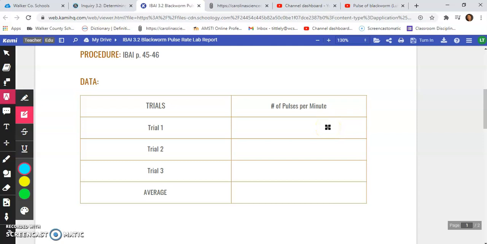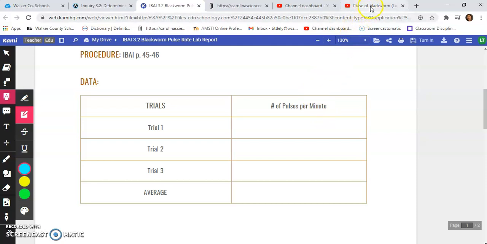Before we do our trials, let's do a practice run. I have a pre-recorded video of the blackworm's pulse being calculated. The first time through, I'm going to show you how we're going to count the pulse of the blackworm, and then we will use the video and count the pulses for our 3 trials.